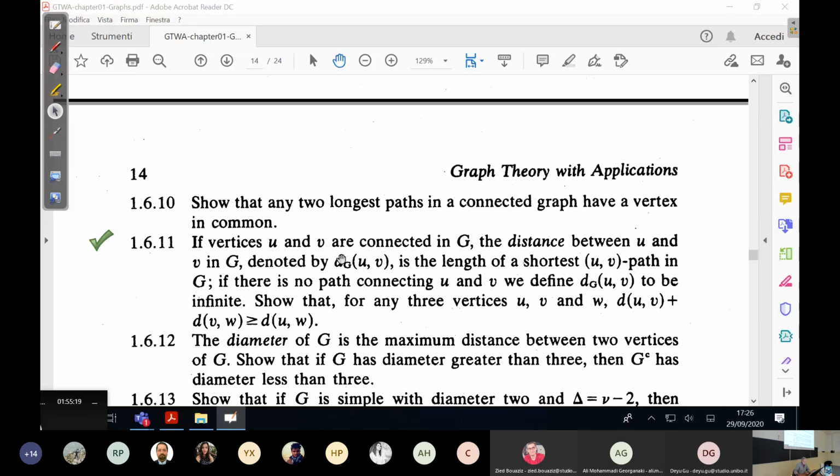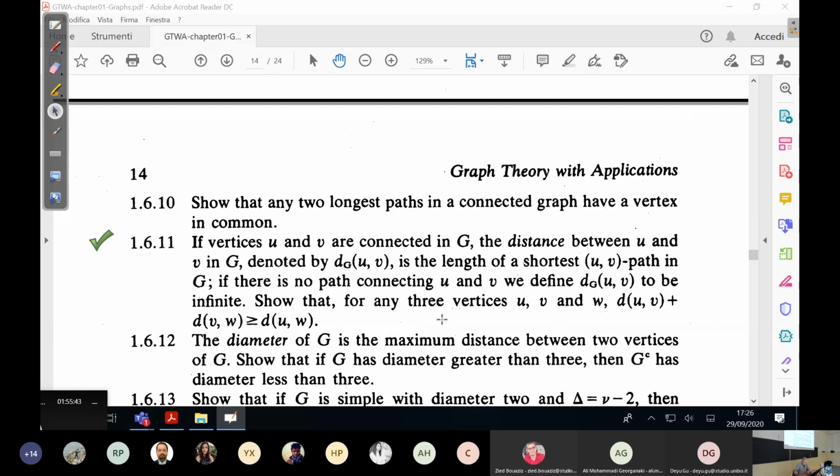If vertices u and v are connected in G, the distance between u and v in G is the length of a shortest u-v path in G. If there is no path connecting u and v, we define this distance to be infinite. So it is a little modification of the definition of distance I gave you just now.